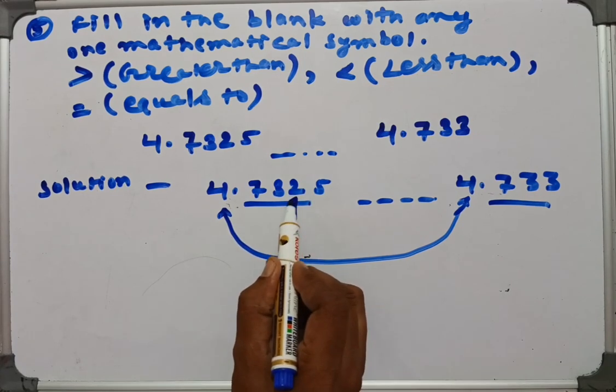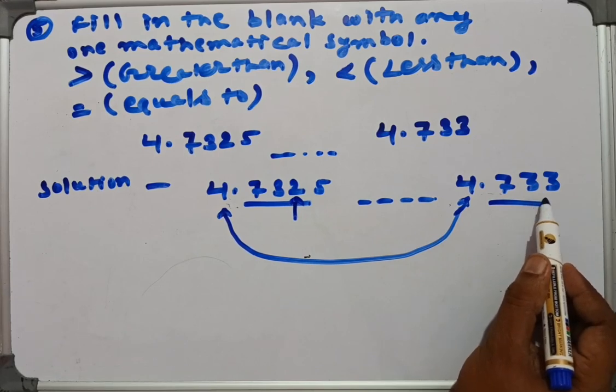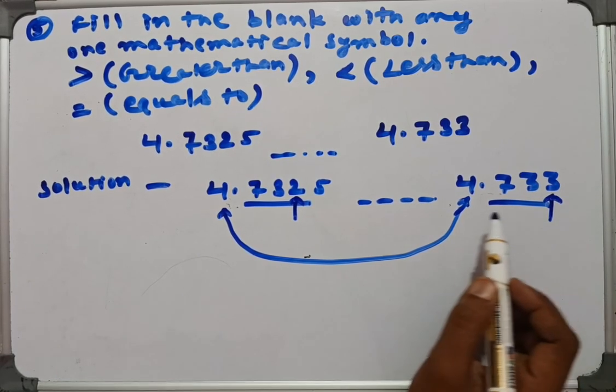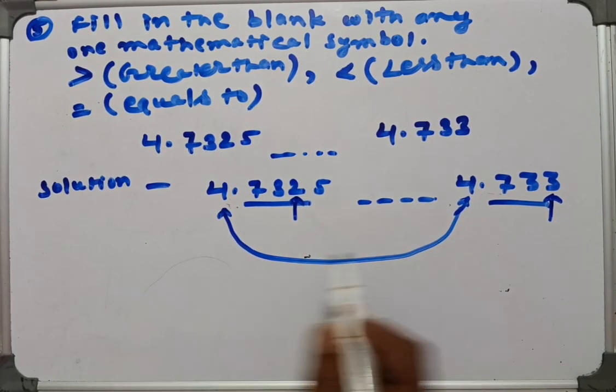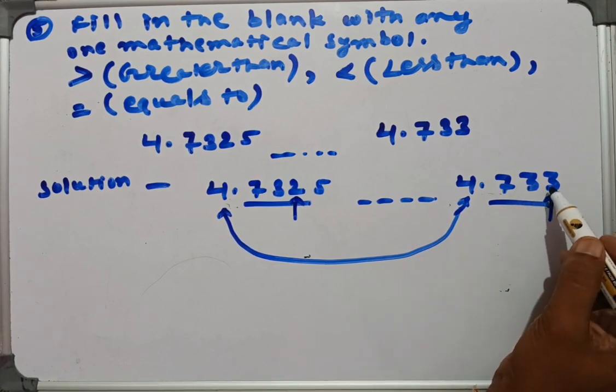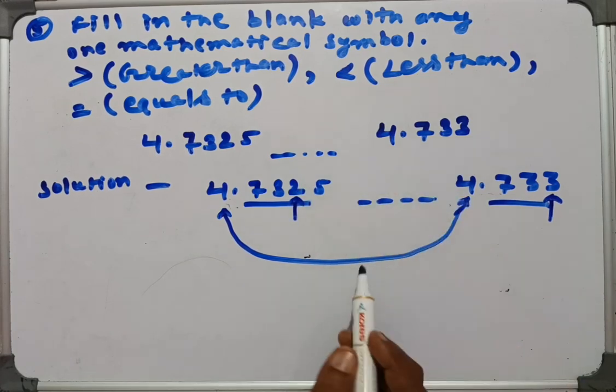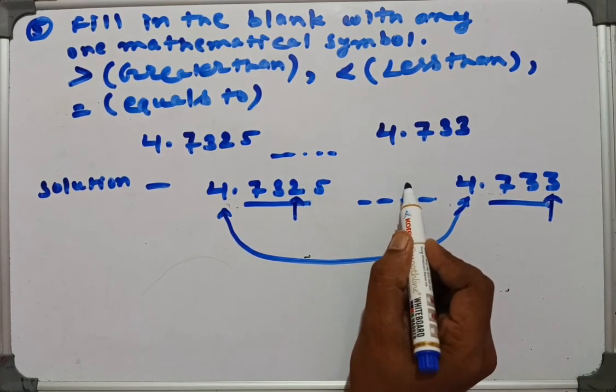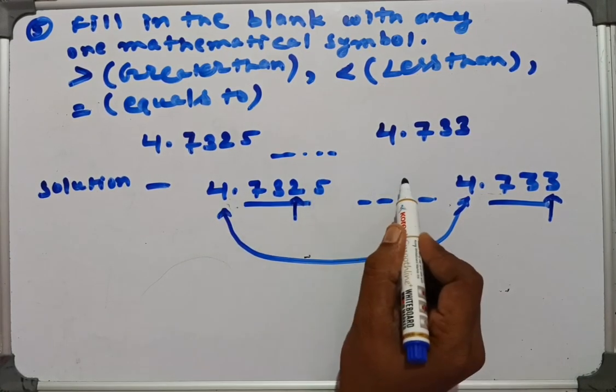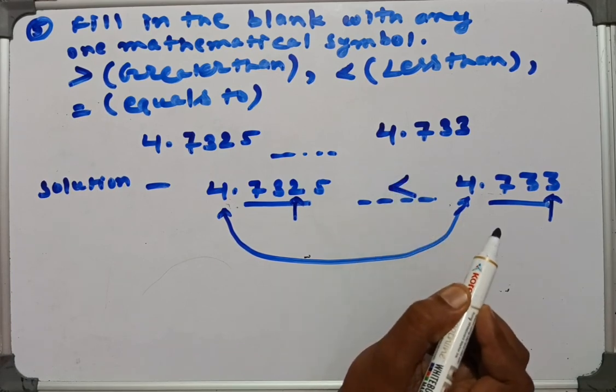Third decimal place is here 2, here is 3. Okay guys, so you know that 3 is greater than 2. So final solution is that this number is less than this number.